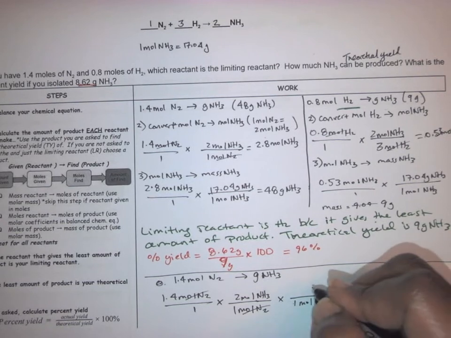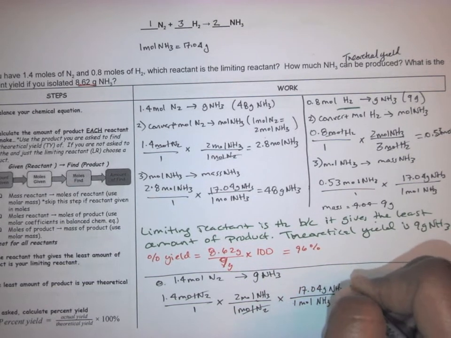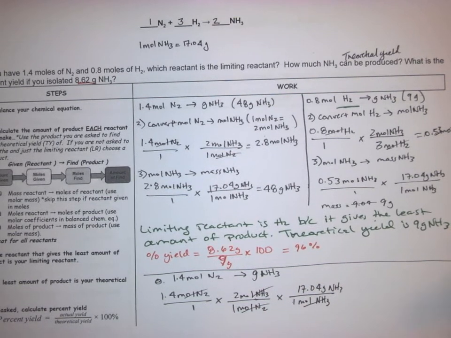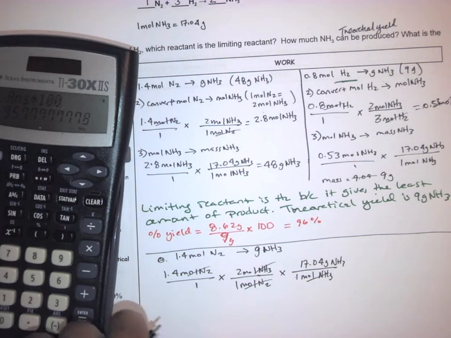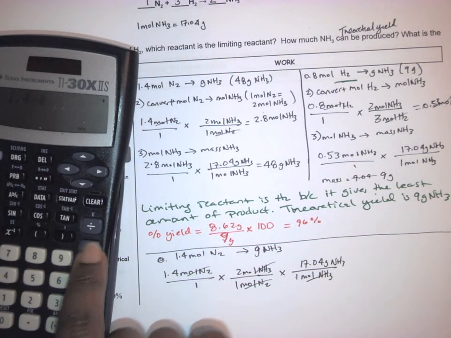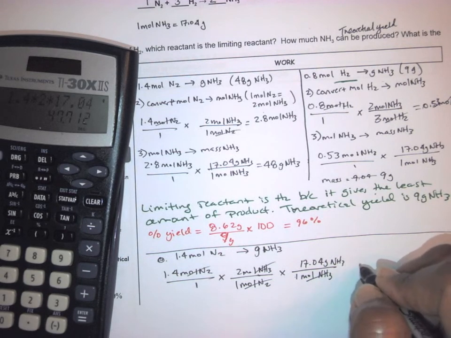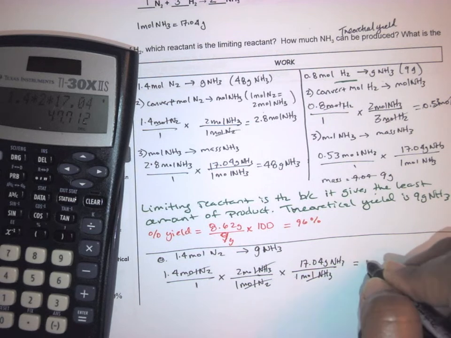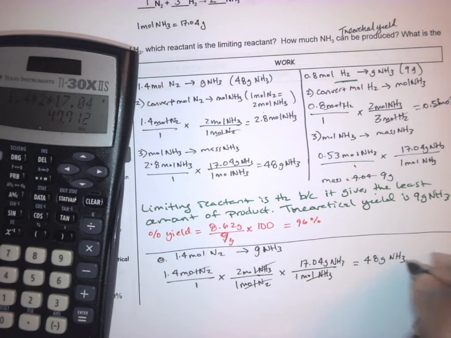So 1 mole of NH3 and then 17.04 grams of NH3 go on top. All right, so then we can go ahead and do our math here. So this gives me, using sig figs, 48 grams of NH3.